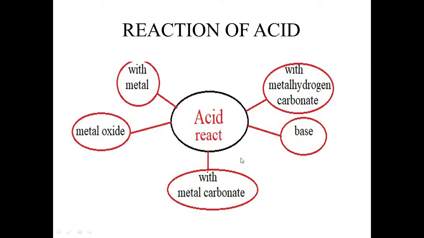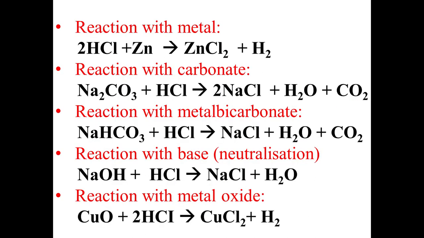Next, a metal oxide may react with an acid to give salt and water as the main products. I will provide single examples of each type of reaction. You have to memorize these reactions till the final examination.